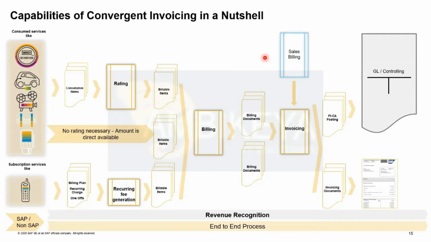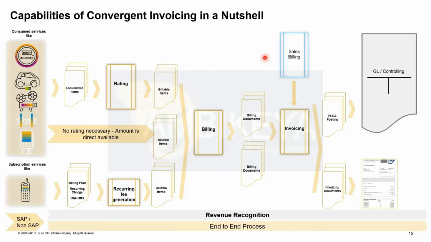And also recurring or one-time charges as a basic component of a subscription can be either received from a rating system, like convergent charging I mentioned before, or any legacy external billing platform, or we can generate the billing content, the so-called billable items, with billing plans in convergent invoicing.